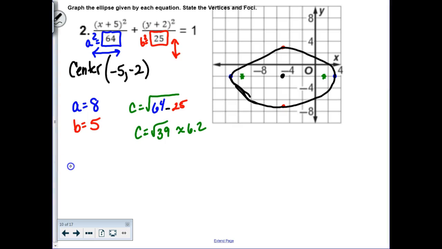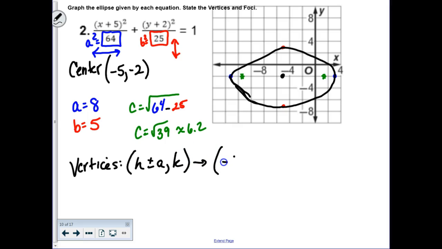So your vertices. I'm only talking about the endpoints on your major axes. If you can already figure out where they are, technically you can just list them out, but I like to use my formulas to confirm I haven't done anything weird. So for a horizontal ellipse, the vertices are found by taking h plus and minus a, comma k. I just pull that straight off the formula sheet.